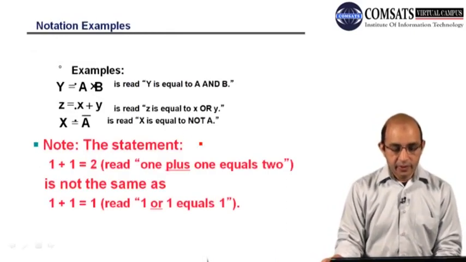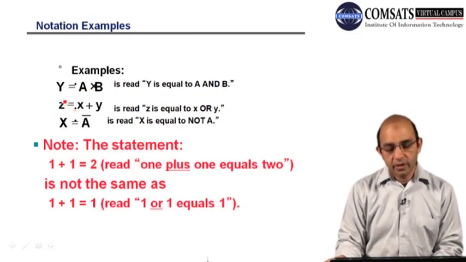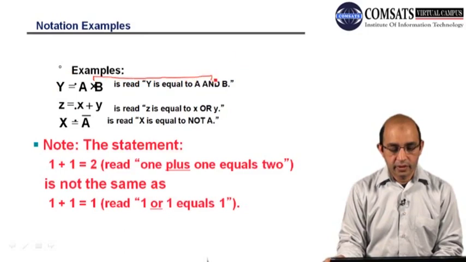If you look at those examples, we have y equals a cross b, which we read as y equals a AND b. This cross is represented by AND.